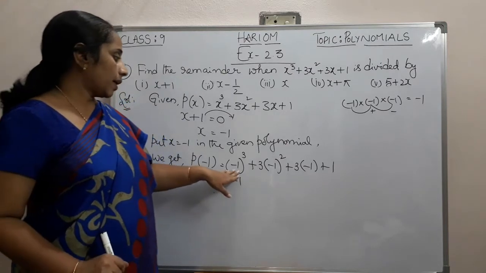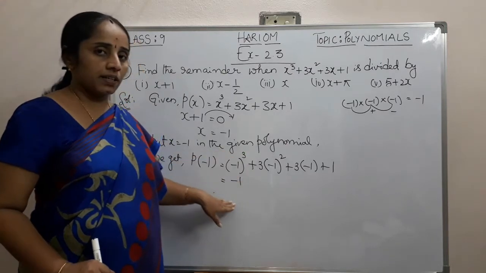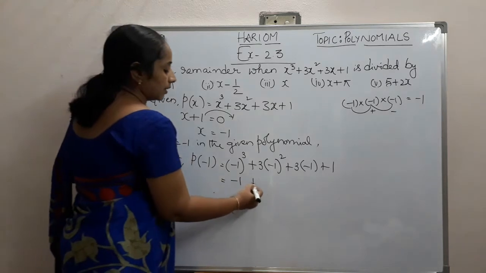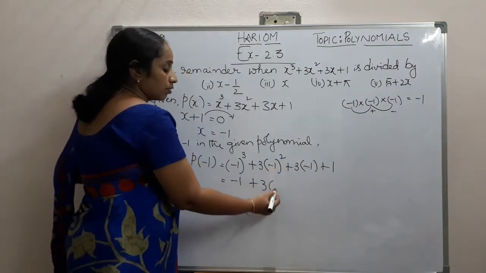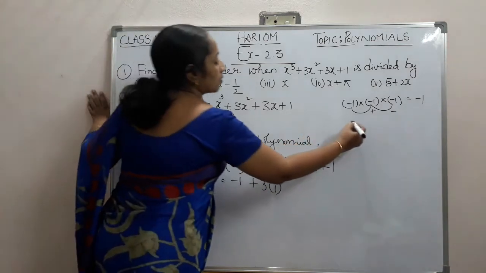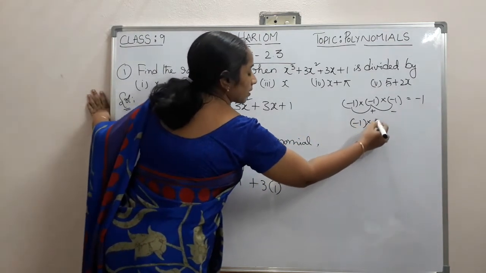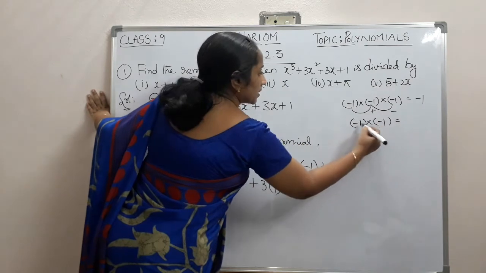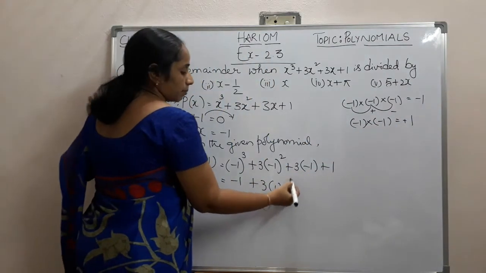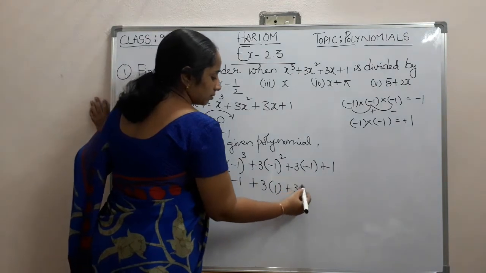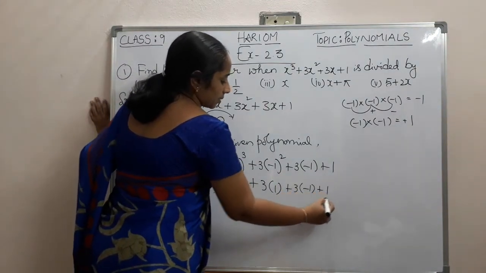That is, minus 1 whole cube is minus 1, plus 3 into minus 1 whole square. Here it is positive. You will get plus 1. See that, minus 1 into minus 1, minus into minus plus, 1 into 1, 1. Now 3 into minus 1, plus 1.